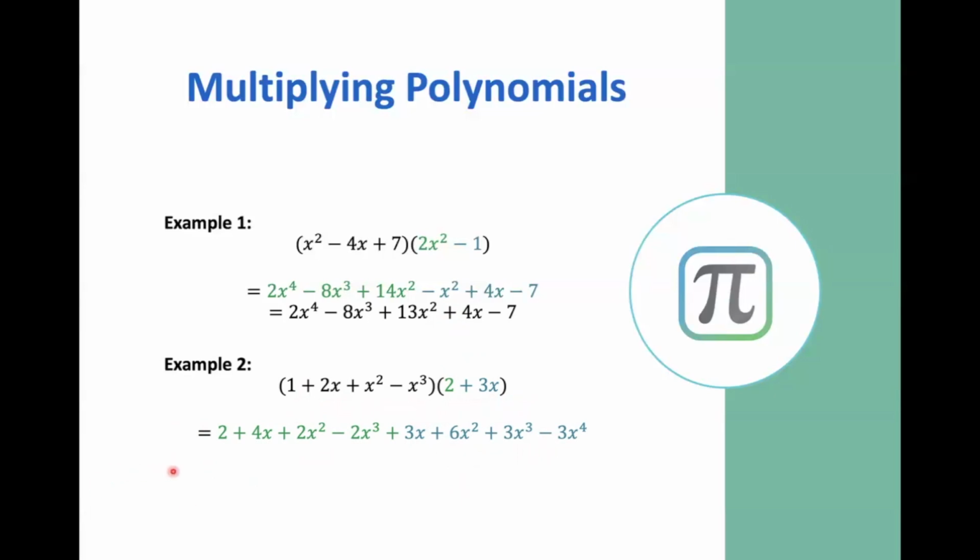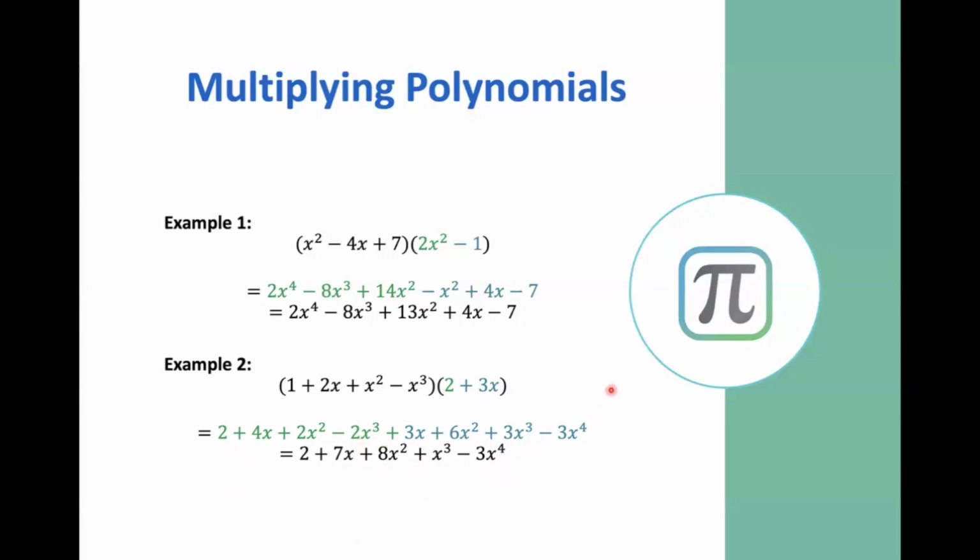And now that we have a full set of terms, we can then start to combine them based on their powers. This time I've gone in ascending order. So 2 plus 7x plus 8x squared plus x cubed, because we have 3x cubed here and negative 2x cubed here, and then minus 3x to the power of 4.